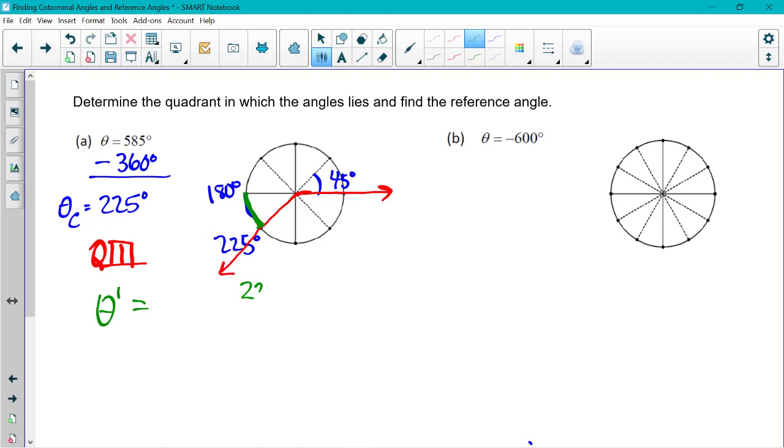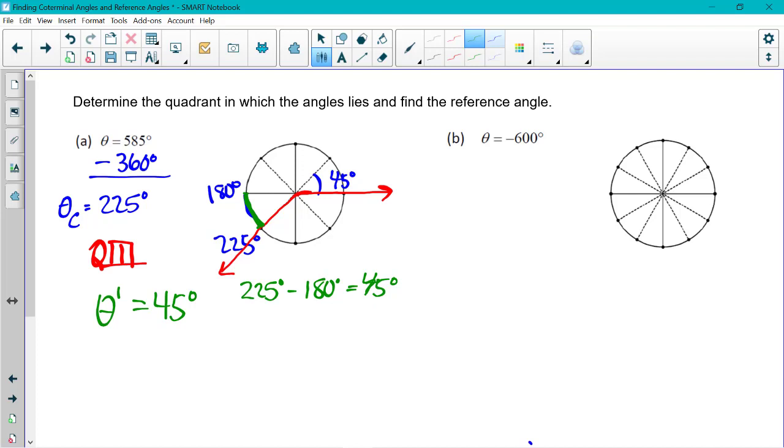So this distance from 225 to 180 degrees is 45. So I went past 180 degrees by 45 degrees. And reference angles always have positive measures because it's not a rotation, it's just that distance between the two.